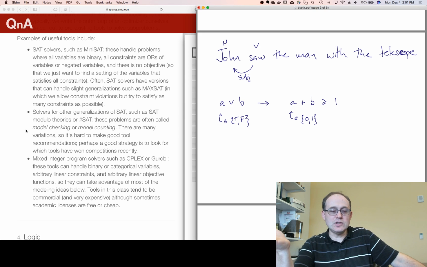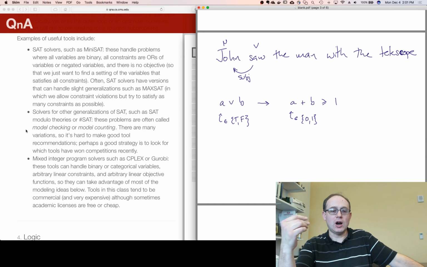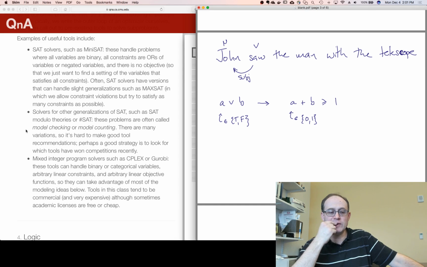And then we get to what's probably the most general purpose tool, which is a mixed integer solver. Good commercial examples of these are Cplex and Gurobi. These handle, as I said before, arbitrary binary or categorical or real-valued variables. They handle arbitrary linear constraints on these variables, which are pretty powerful, as we'll see in a sec.